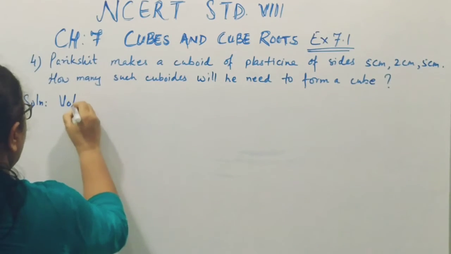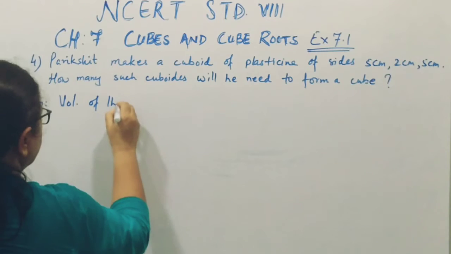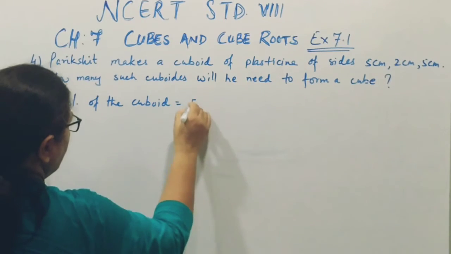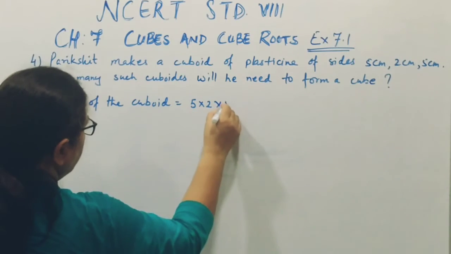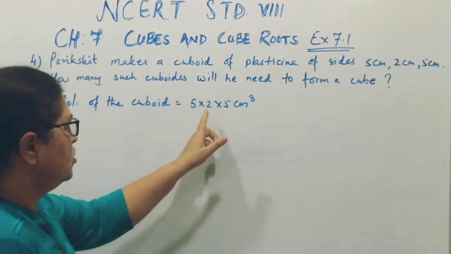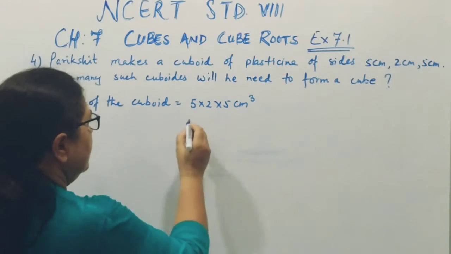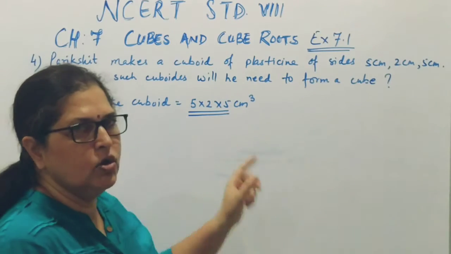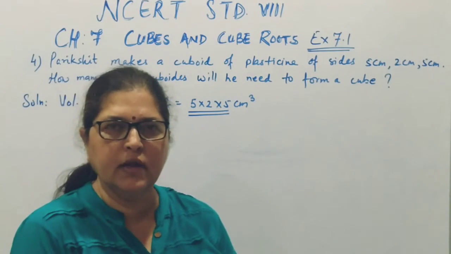Therefore, the volume of the cuboid is length into breadth into height. Here, definitely this is not a perfect cube because the factors are not in triplets.